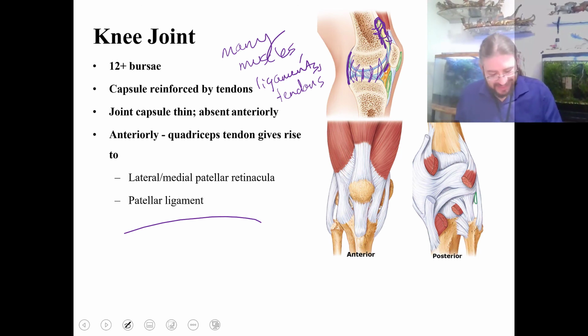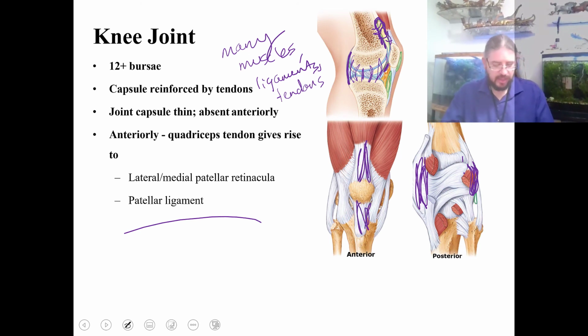So the lateral and medial patellar retinacula. We have them basically along here and along here, underneath this muscle that I drew over. And then we have the patellar ligament right there.